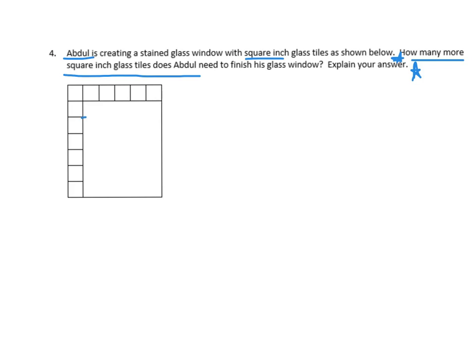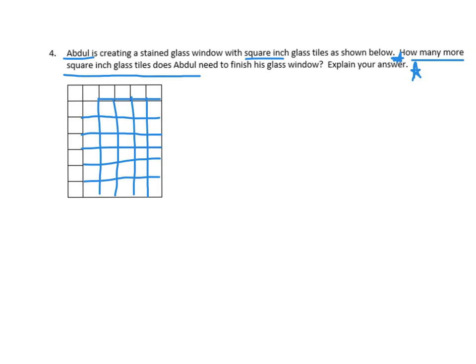I'm going to complete the picture by finishing off the rows, and then I'm going to complete the columns. Now, I'm only going to pay attention to this part of my rectangle.